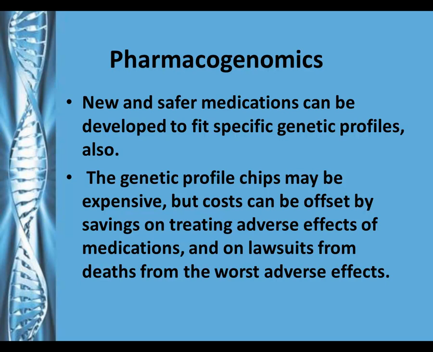There are newer and safer drugs that can be developed that could fit a specific genetic profile. And genetic profile chips, although at this time can be expensive, the thought is that if we look at the cost benefit savings, people who know their genetic profile will, in the overall scheme of medical treatment, actually end up saving money because they won't be given drugs that are not effective for their own particular genetic profile.